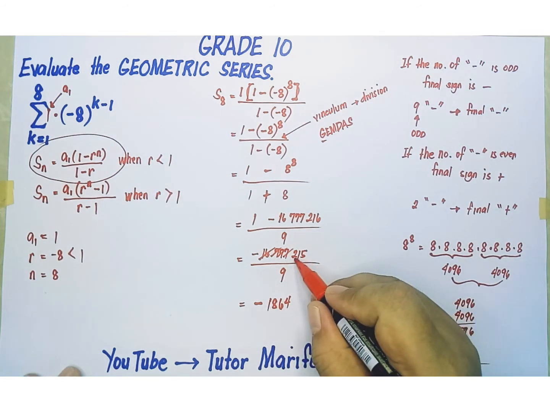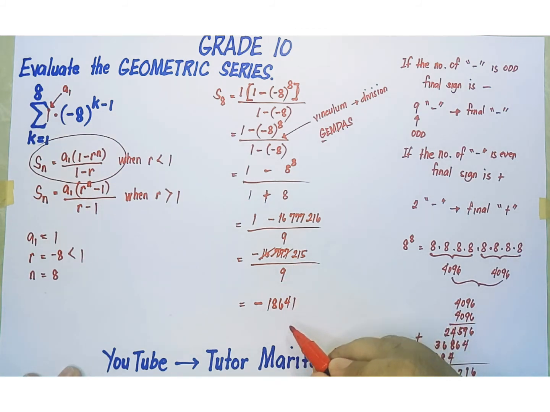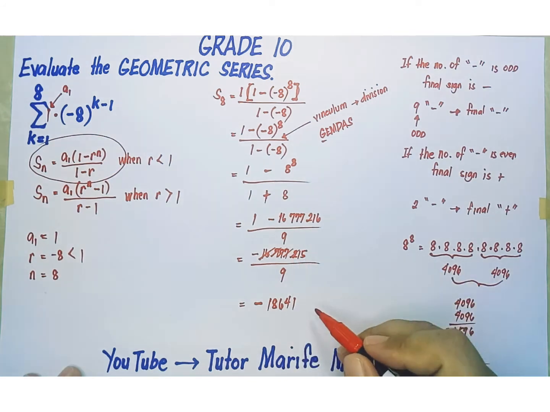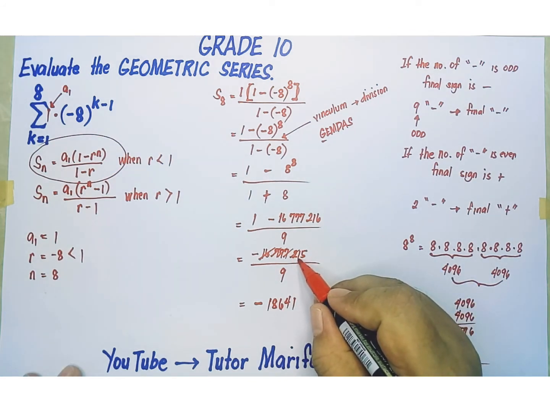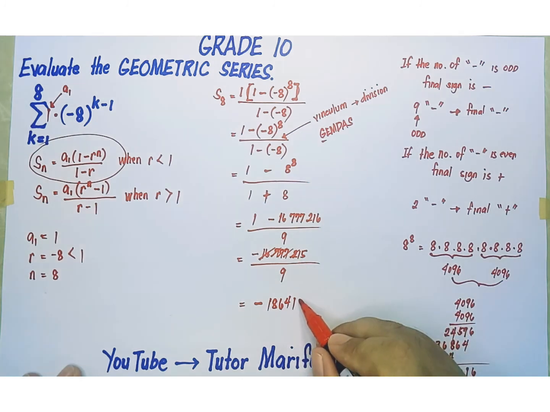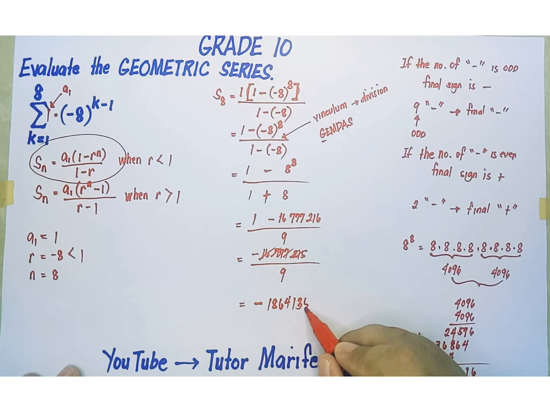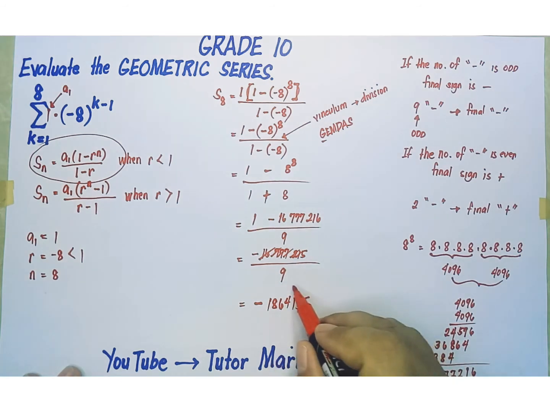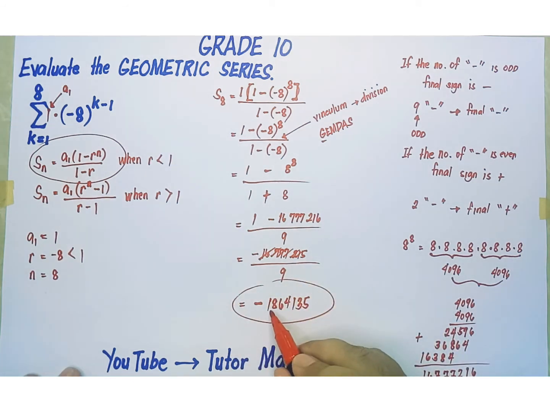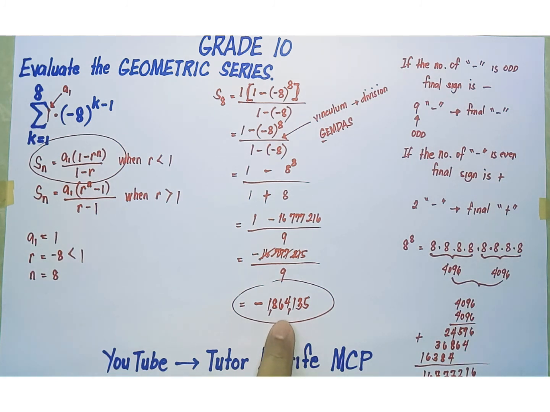Yung remainder 1, itabi mo sa 2, 12 divided by 9, 1, remainder 3. Yung remainder mo na 3, itabi mo sa 1, 31 divided by 9, it's 3, remainder 4. Then yung remainder 4 mo, itabi mo sa 5, 45 divided by 9 equals 5. Your final answer is negative 1,864,135. Your answer is integer.